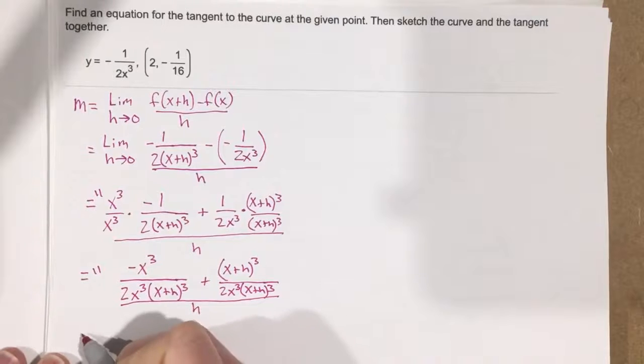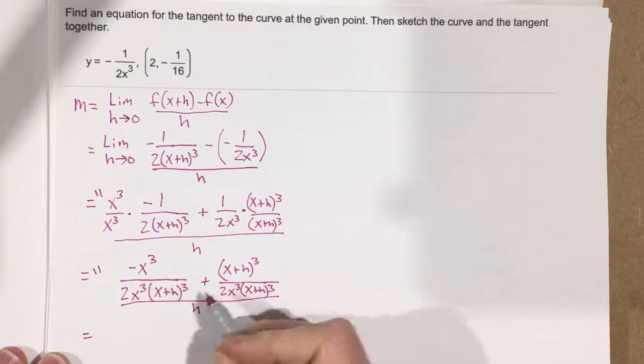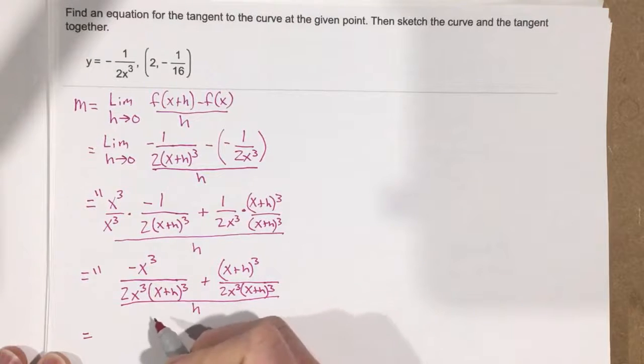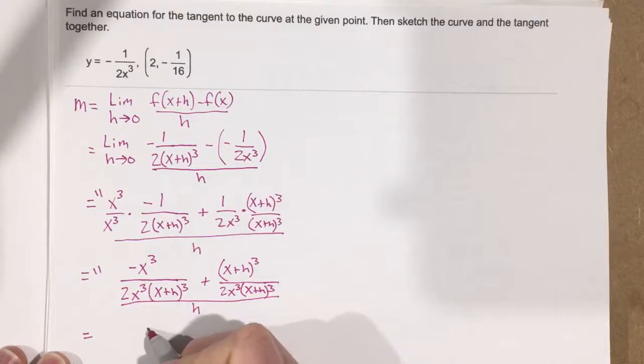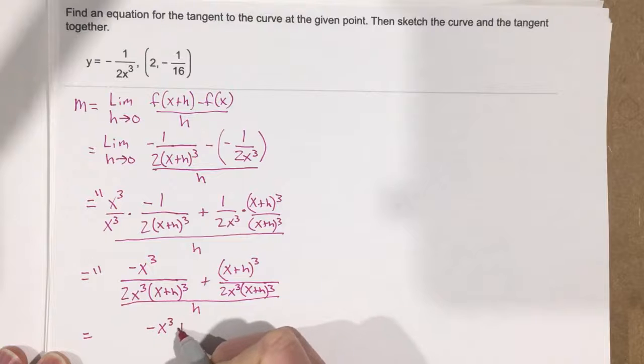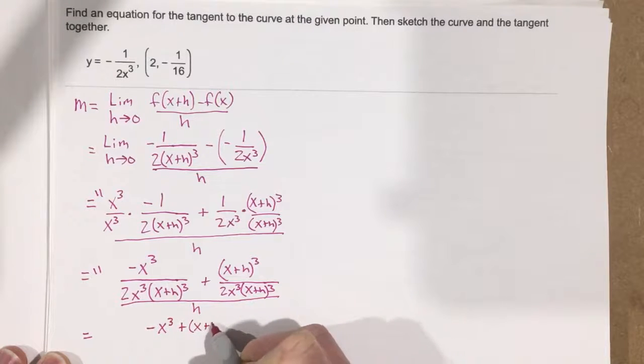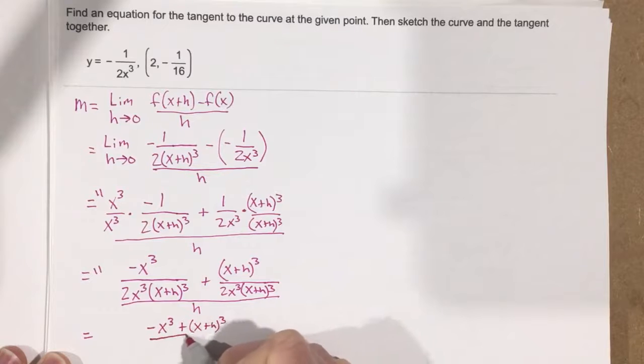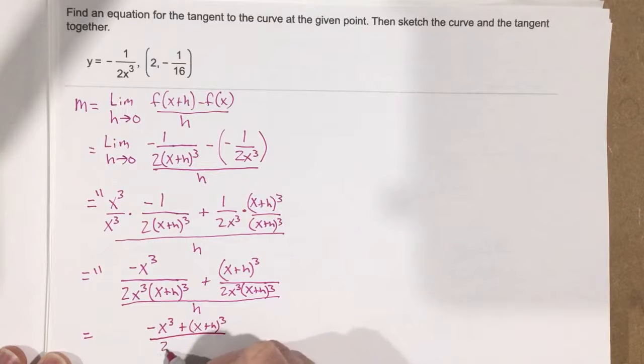And that's going to equal, let's combine these together. So you end up with negative x cubed plus x plus h cubed all over 2x cubed times x plus h cubed, all over h.